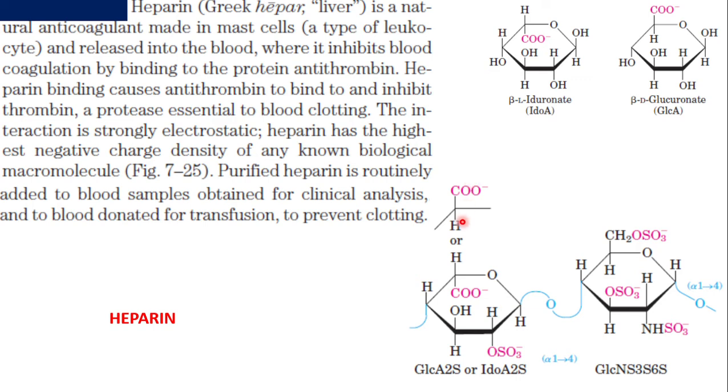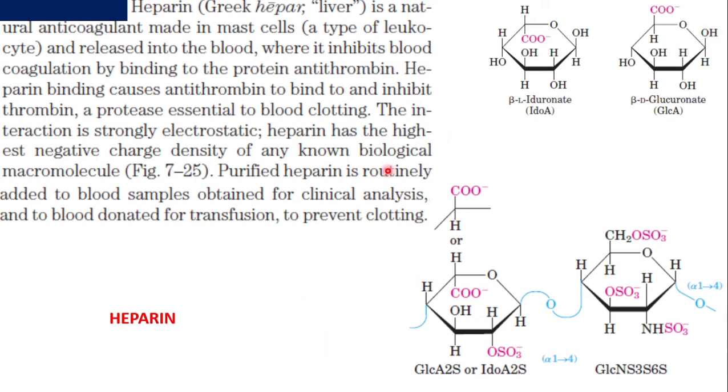If the COOH is downward, we call it hyaluronate, and it is beta because this OH is upward. So it is beta L hyaluronate. It is L configuration, not D. And if this COOH is upward, then we call it glucuronate. Of course, that also is beta because this OH group is upward.